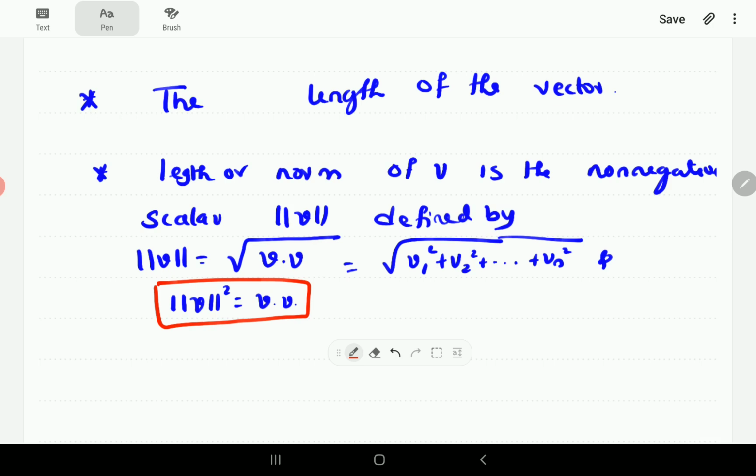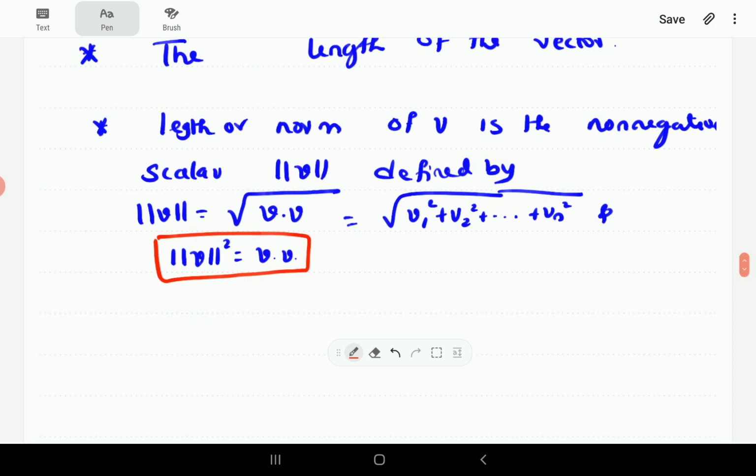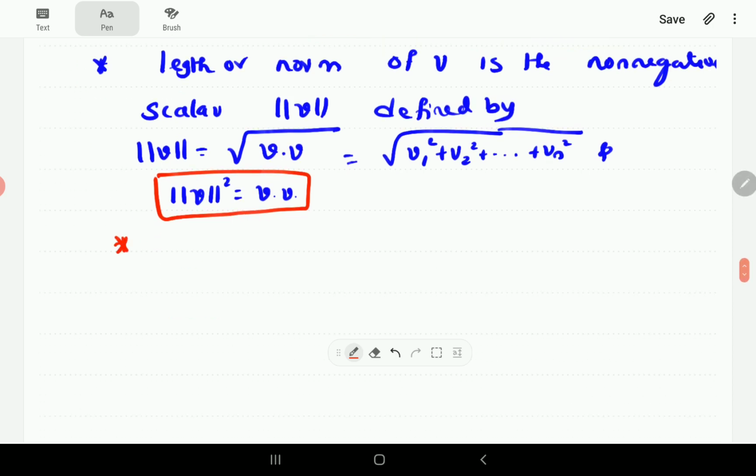Now, for the interpretation, suppose you have any scalar c.